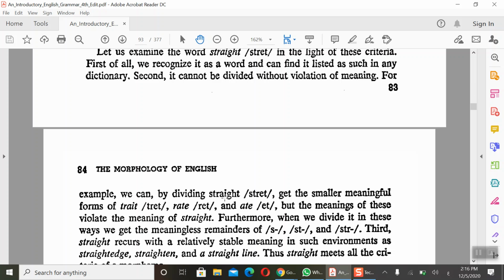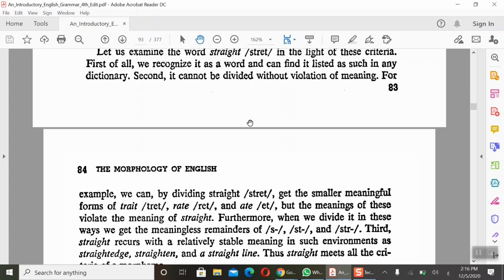Straight means, for example, something not curved. Trait means a characteristic. Rate means a ratio, for example. Ate is from eating. So the meanings of these three words are different from the original. So this is good. The criterion is that it cannot be divided without violation of meaning.